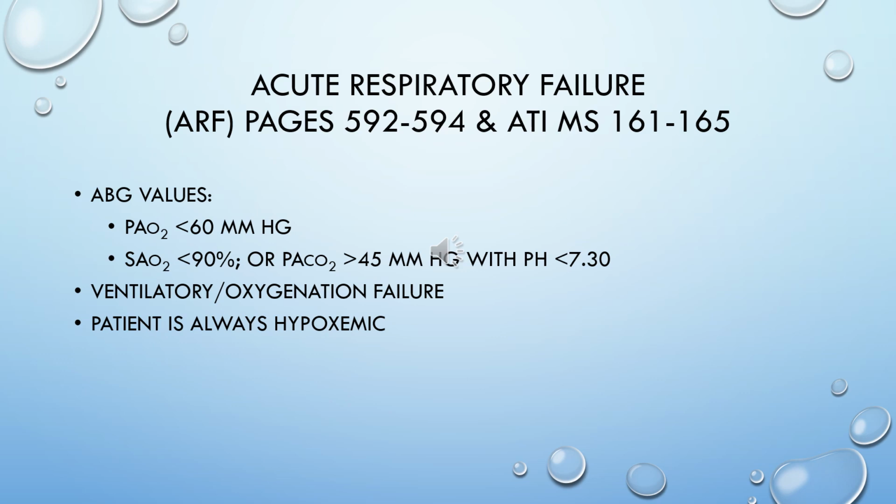So it's pretty obvious to see that the patient is in some kind of respiratory acidosis state. The one thing that you will always see in a patient who's in acute respiratory failure is that they are hypoxemic. So they have that low arterial blood oxygen level going on.